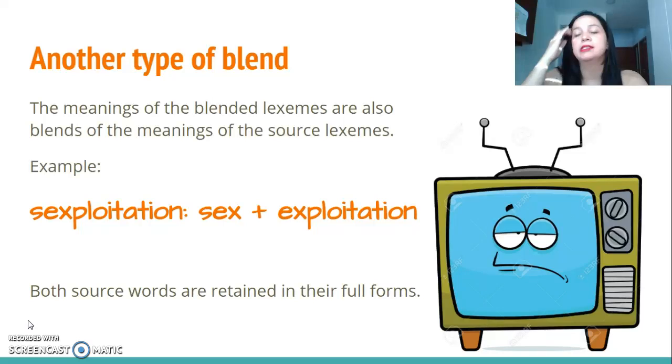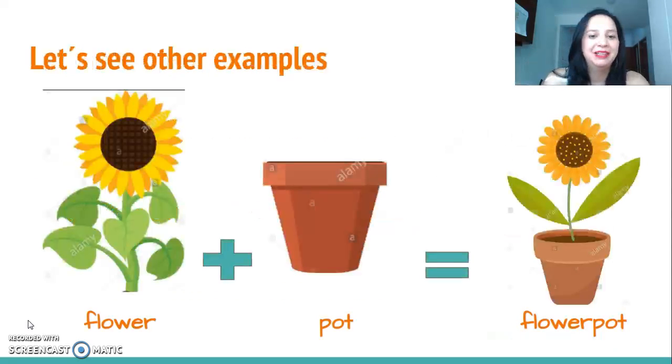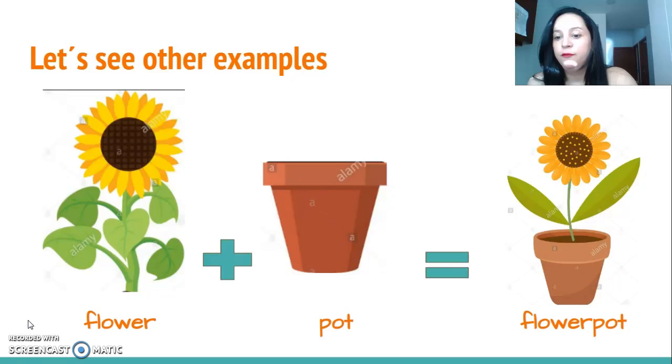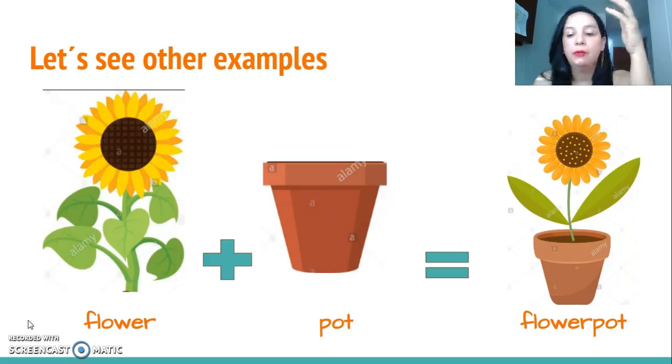So let's see some examples of what I'm saying. The first one: flower plus pot. So the blend will be flowerpot. You see, it is two words put next to each other.